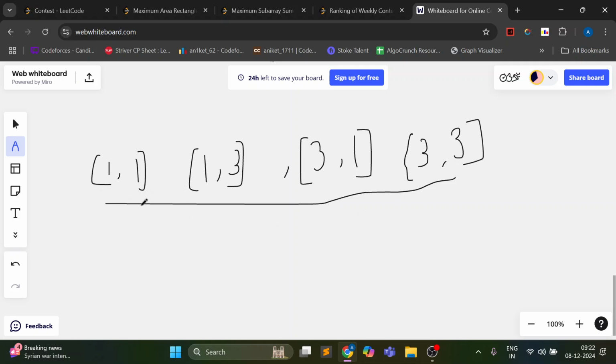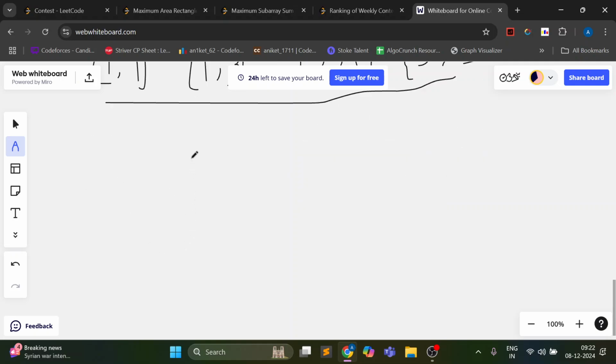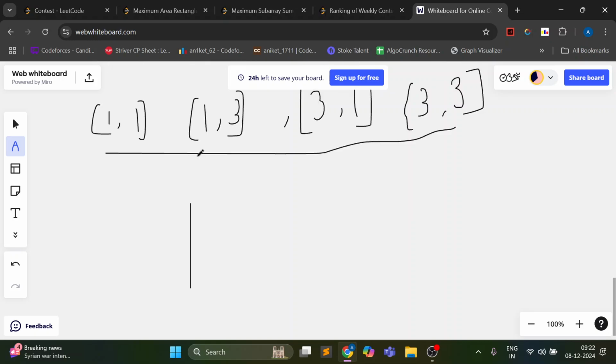So 1 1 and 1 3 would form an edge like this, parallel to the y axis, and 3 1, 3 3 would form an edge like this, parallel to the y axis. And if you connect these dots, this would be my expected rectangle.